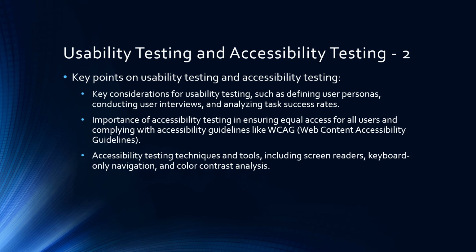The Web Content Accessibility Guidelines, WCAG, provide a framework for accessibility testing. Organizations like Google have implemented automated accessibility testing tools that verify compliance with these guidelines as part of their continuous integration pipeline. This includes checking for proper semantic markup, keyboard navigation, screen reader compatibility, and appropriate color contrast.